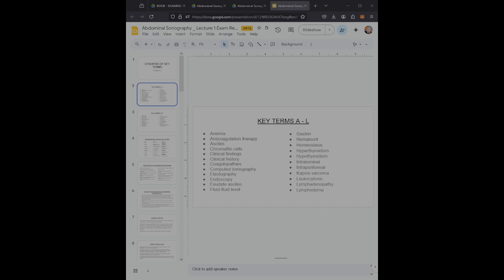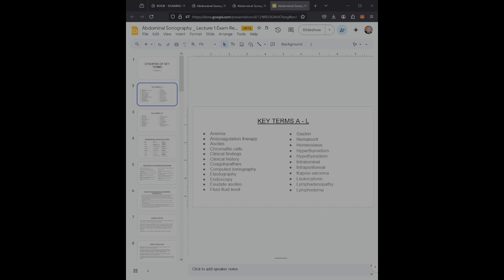Hyperthyroidism, a condition that results from overproduction of thyroid hormones. It's an opposite to hypothyroidism, which is the underproduction. Intraluminal, something located within the lumen, and lumen is an opening of an organ. Intraperitoneal, this relates to located within the parietal peritoneum.